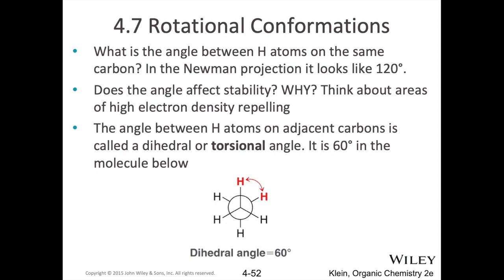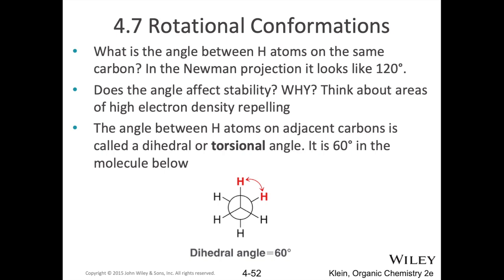Okay, so let's talk a little bit about the angles between groups on adjacent atoms. Normally when you think of bond angles, you think of angles between two bonds that are connected by a mutual atom. Here, this isn't the case. Here we're looking at angles between groups that are on adjacent atoms. There's an extra bond in between the two bonds that we're comparing.